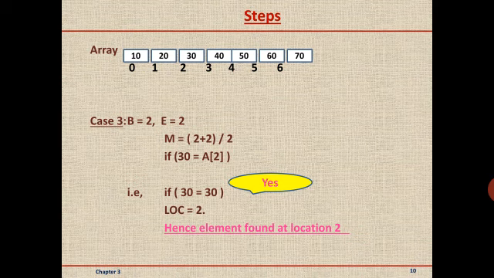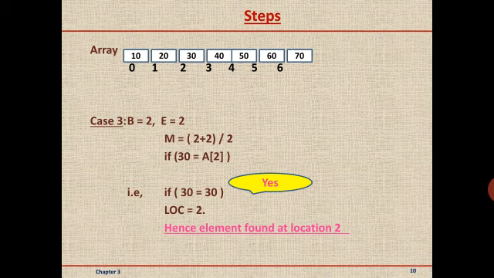In case 3, the new value of B, the lower bound, is 2, and the E value is not changed because it was changed earlier, it remains 2. Now find the location. M is equal to 2 plus 2 upon 2, which means the answer is 2 only. Hence we compare the search element 30 with A of 2.